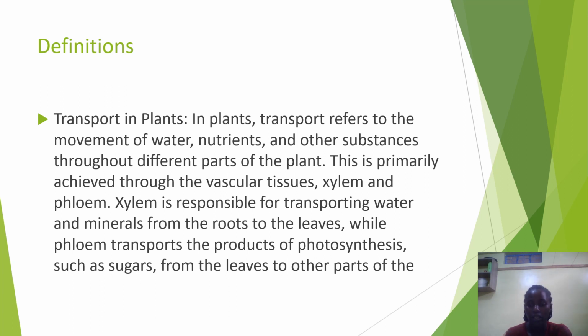The first part is root. Root is where mineral salts and water pass through from the soil, and the water and mineral salts are found in the soil. So through roots, water is absorbed.